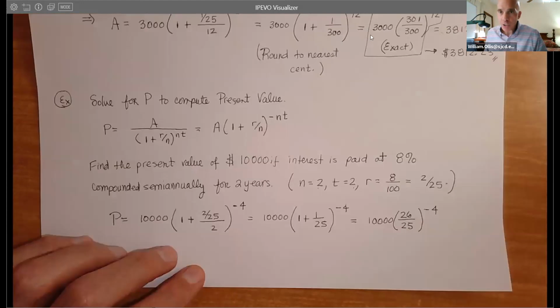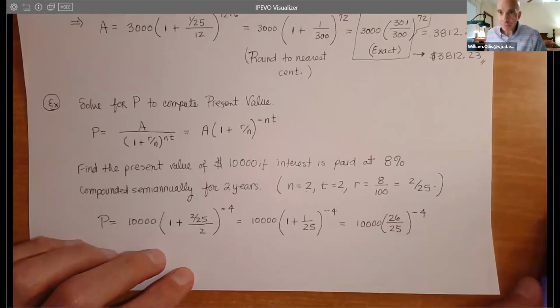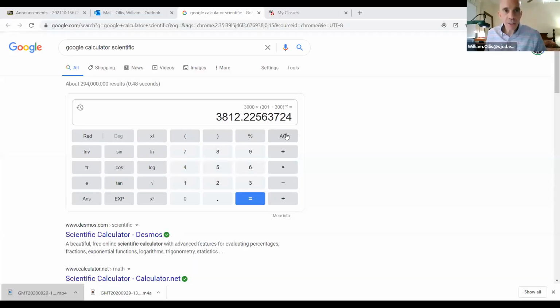So we can go back to our Google calculator. So I'll share this. So now with the Google calculator, you just hit the clear, and it does keep a log of everything you do. So now we can have 10,000, 4 zeros, and then we multiply. Now at this point, you can use your parentheses, 26 divided by 25.